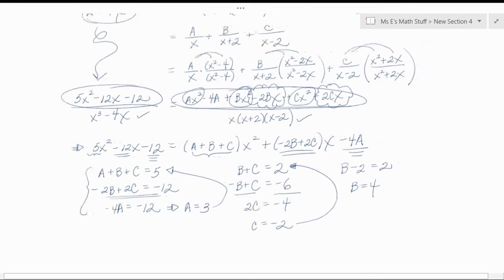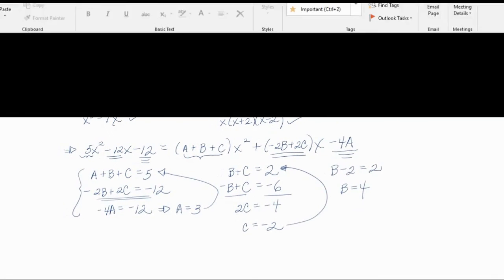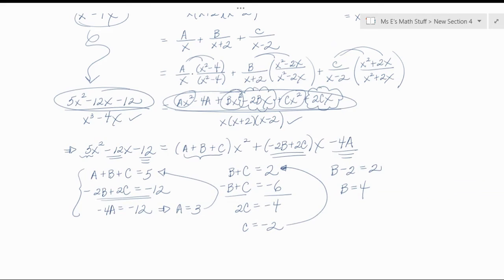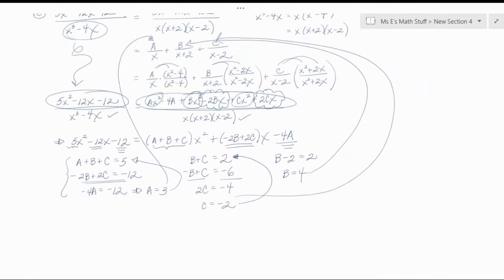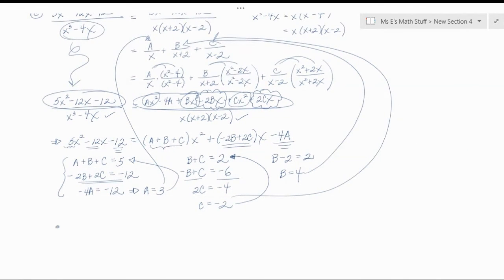Oh, man. All right, once we've got this, remember you're going to take your A, B, and C values and back substitute them into your form. So you know that B is 4. You know that C is negative 2. And you know that A is 3. So what's our conclusion? Our conclusion is, whoops, I started writing an integral.